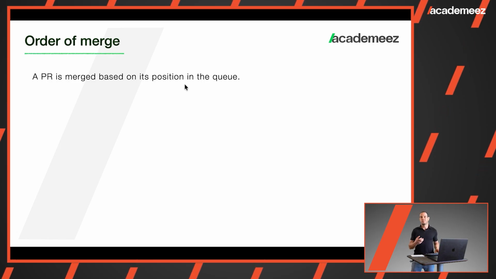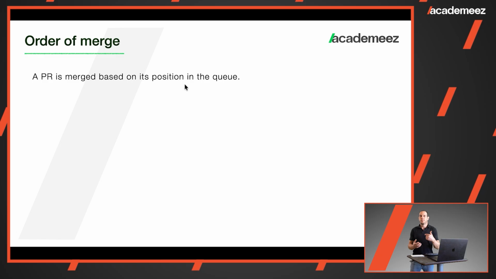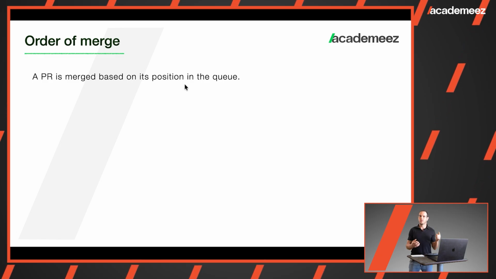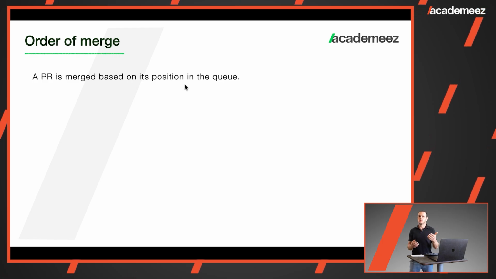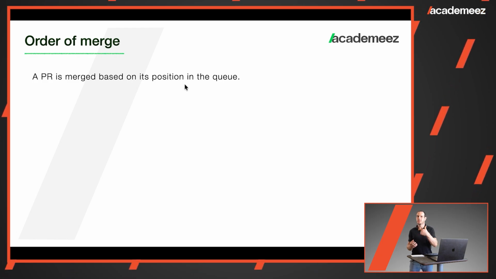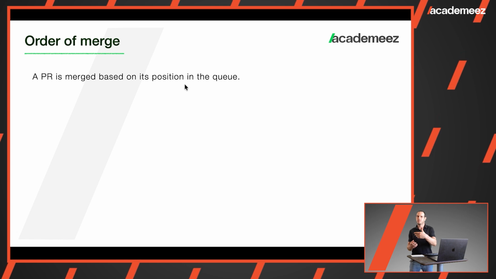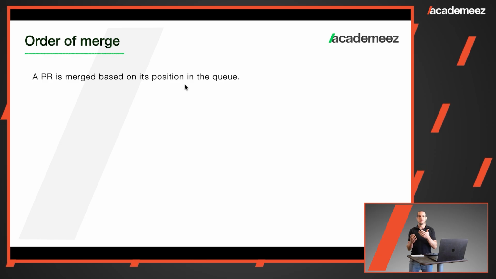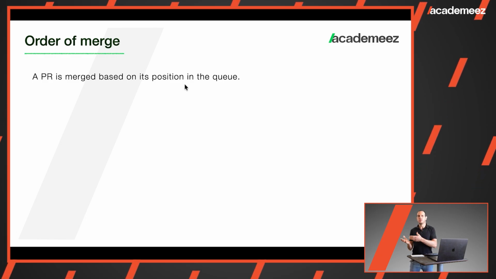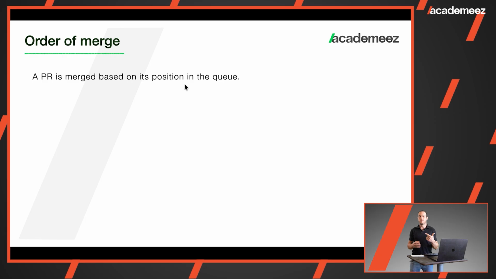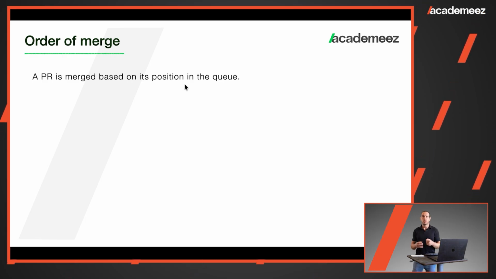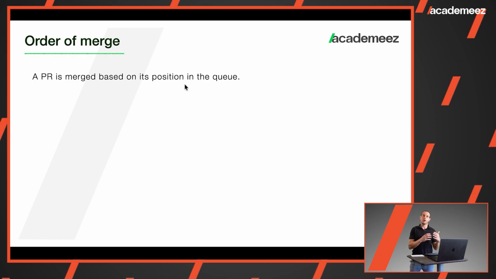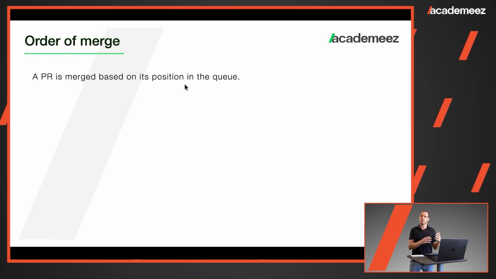A PR is merged based on its position in the queue. The position in the queue is decided by the time that the pull request entered the queue. So for example, if you click merge when ready, and the pull request passes the checks on the pull request page, and, for example, review, if you required a review for the pull request, then after all the necessary things for your pull request have passed, your pull request will automatically, if you click merge when ready, transfer to the merge queue.